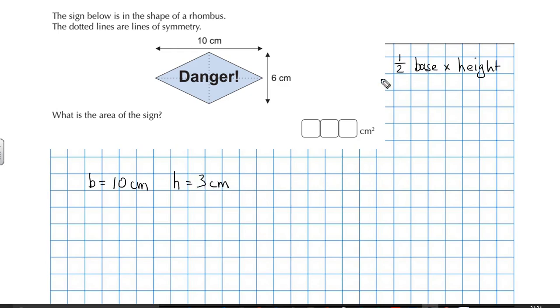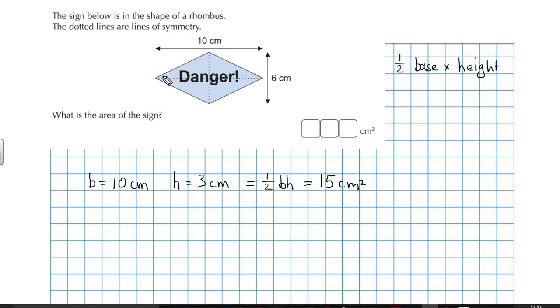Okay, and it doesn't matter how we do it. We could do 10 times 3, which is 30, divided by 2, giving us 15, or we could half the base first, use 5 times 3, which gives us 15. Okay, but half the base times the height equals 15, and this is centimeters squared.